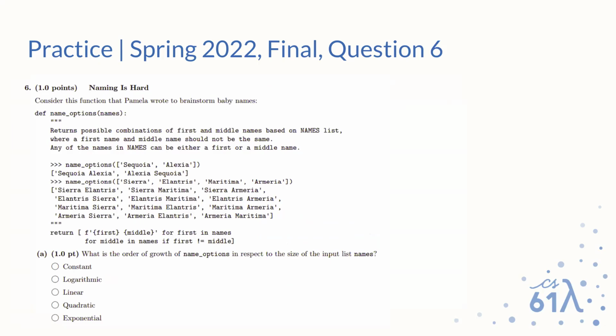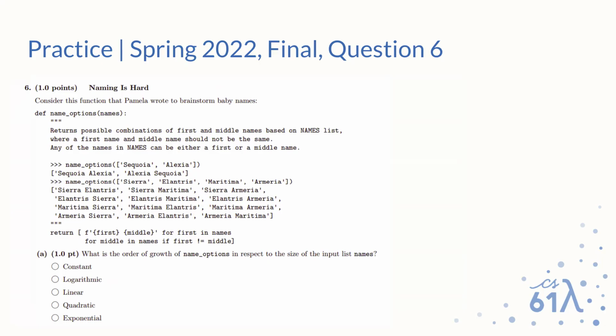Okay, another example. Still naming is hard. I feel like when I took 61A this summer, this was a problem that really helped me understand a little bit more about how efficiency works. All right. So Pamela created this function to name her child, right?